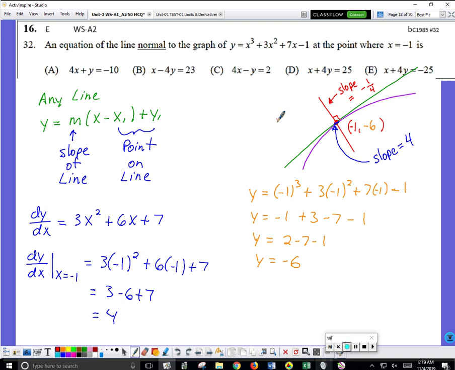Your flashcard memory needs to include the idea that the slopes here are negative reciprocals of each other. Don't memorize the problem. Memorize the concepts separately as separate flashcards. Okay? Concept that we can use this equation to find the points. We can use this equation to find the slopes. Then we just put it together. So, follow-up questions about this? Perfect. Let's look at the next one.